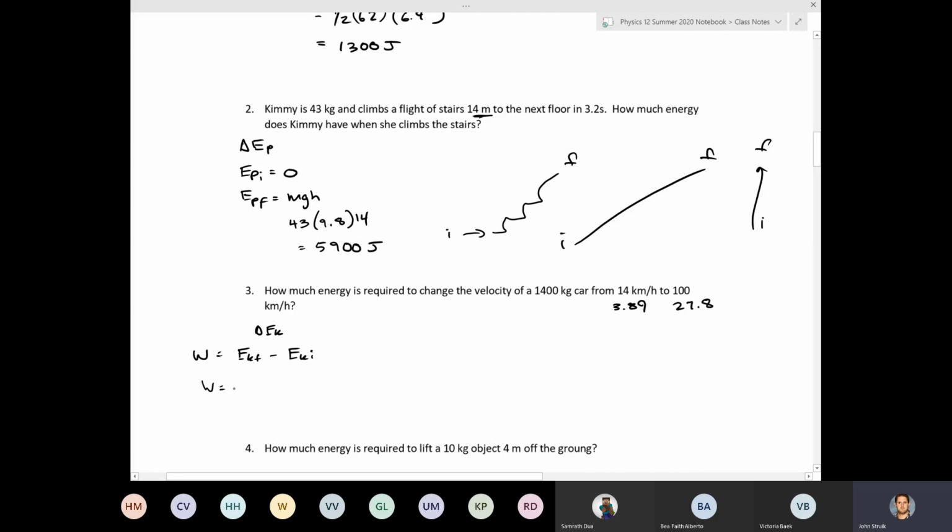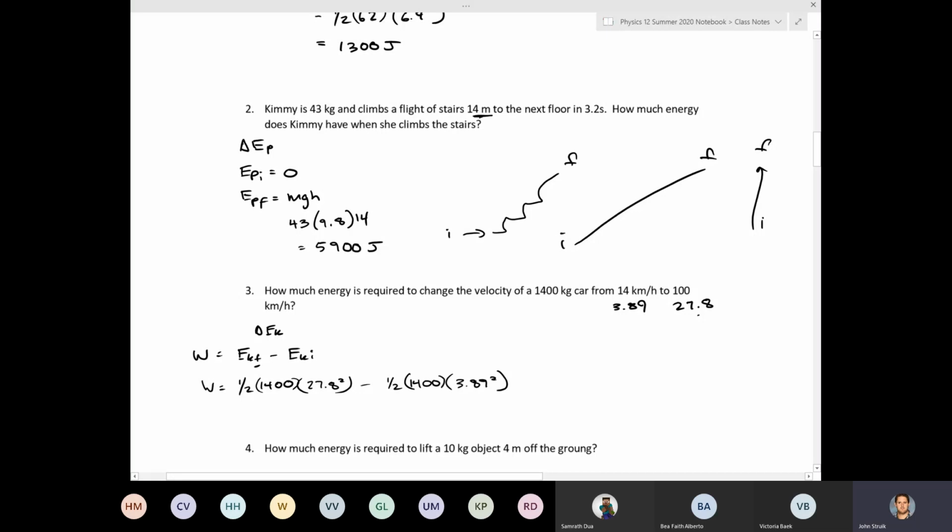In this case, EKF is going to be 1/2 times M, so 1400, times VF squared, because it's final, so 27.8 squared, minus EKI, 1/2 times 1400, and I'll put brackets around this too, times 3.89 squared. Those of you who are math inclined should be able to see that you can factor out the 1/2 times 1400.